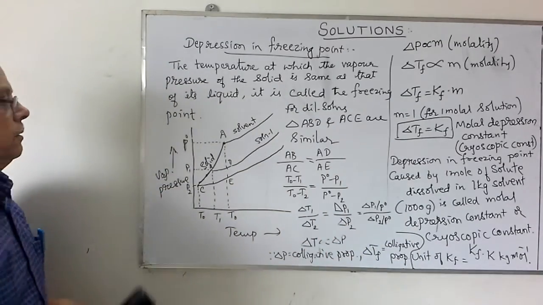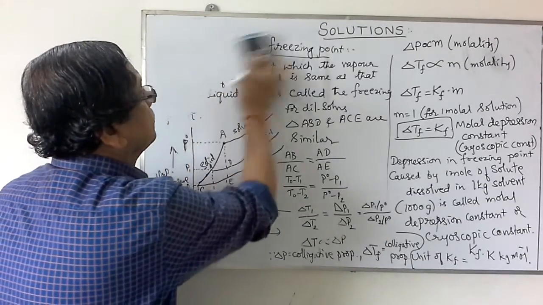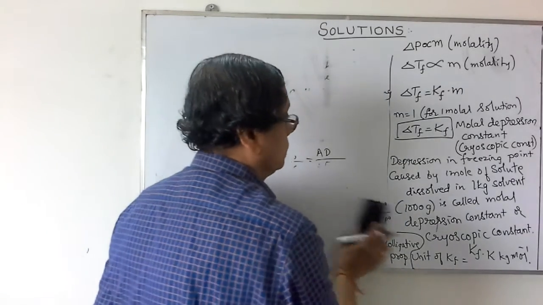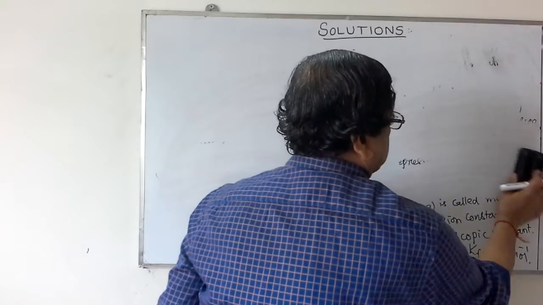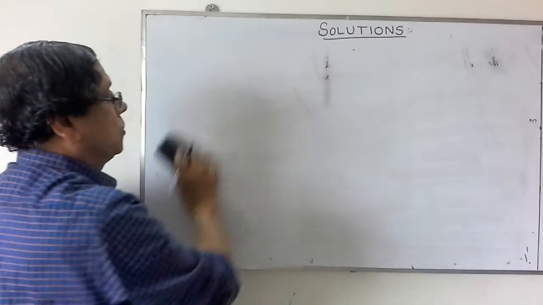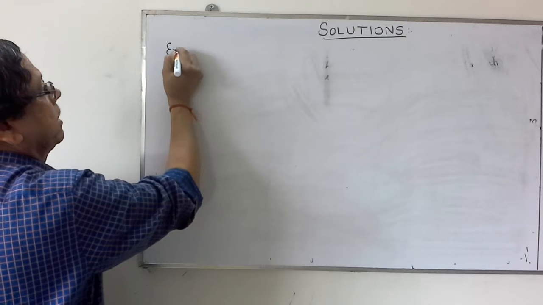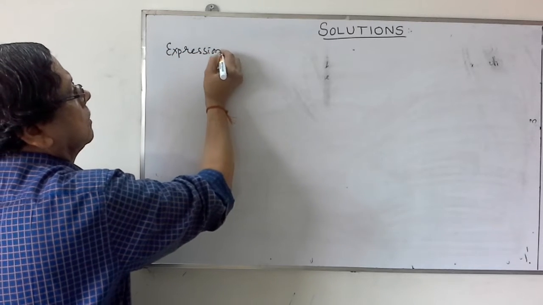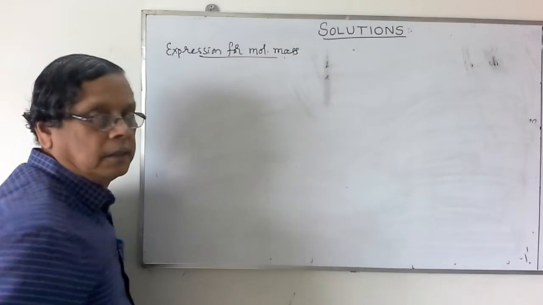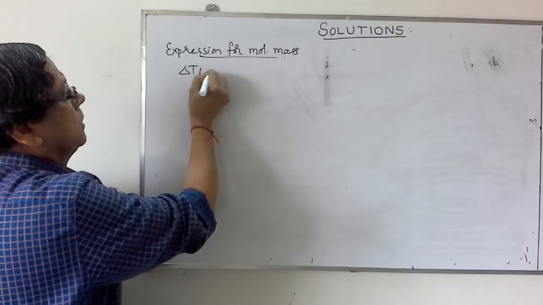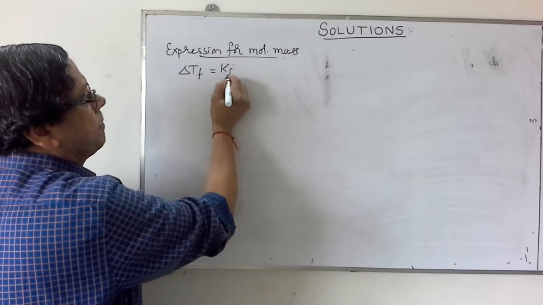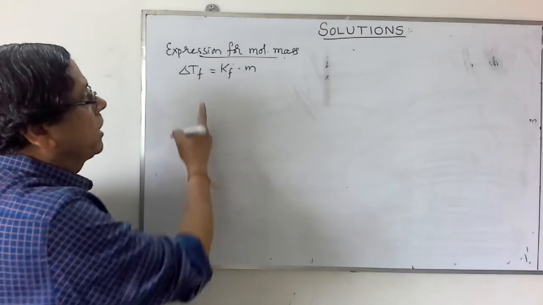So to derive the expression for molecular mass, we know that delta TF is proportional to molality, is equal to KF into molality.